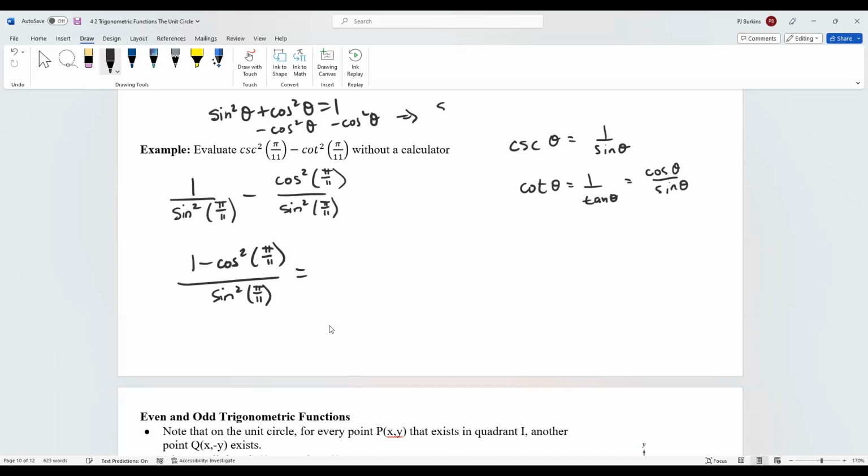And that means that sine squared of theta is 1 minus the cosine squared of theta, which is exactly what I have here. I have 1 minus cosine squared of pi over 11. That's equivalent to the sine squared of pi over 11. So again, just like the last example, I end up getting 1.